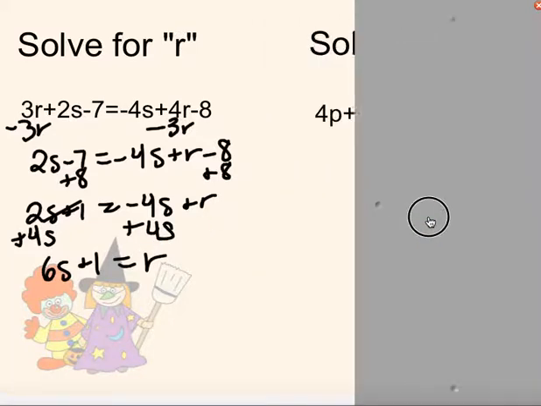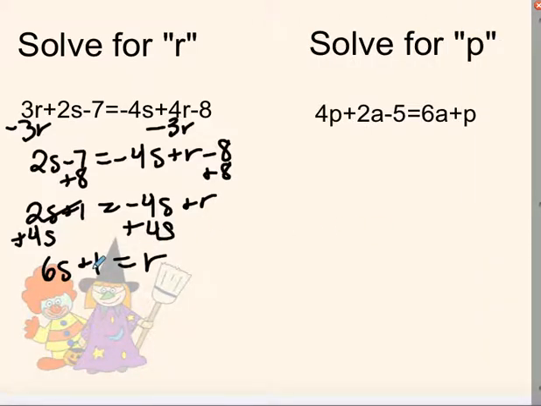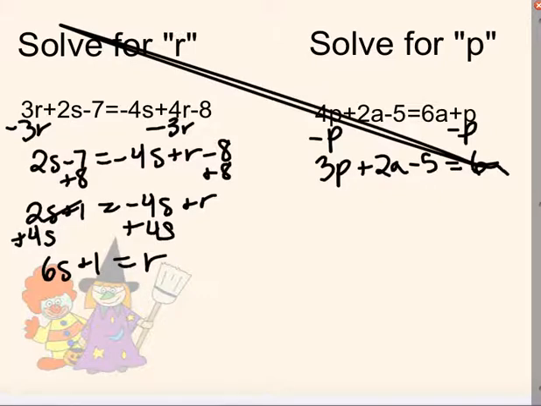Let's try it one more time with a's and p's, maybe apples and pears. Once again I see that I have p's on both sides, so I'm going to get rid of this p on this side. And I have 3p plus 2a minus 5 equals 6a. Now that I have all of my p's on one side, I'm going to move everything else to the other side by subtracting 2a, so that I have 3p minus 5 equals 4a.